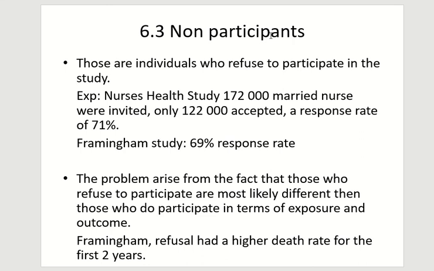That tells you what? It tells you that they had more complications. They had health conditions that were not present in those that participated in the Framingham study. So every time you have refusal to participate that is high, for example 50% refusal or 60% refusal, then you have a problem in the validity of your study.